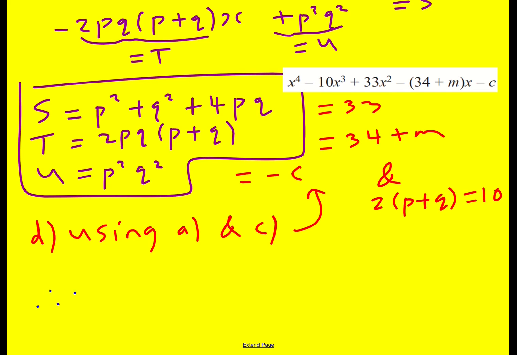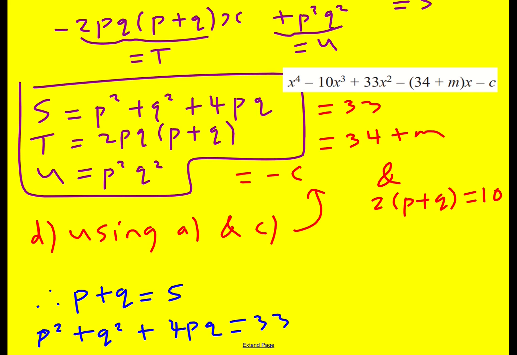So therefore, P plus Q must equal 5. Now we can use that to help us. So P squared plus Q squared plus 4PQ is 33 as above.